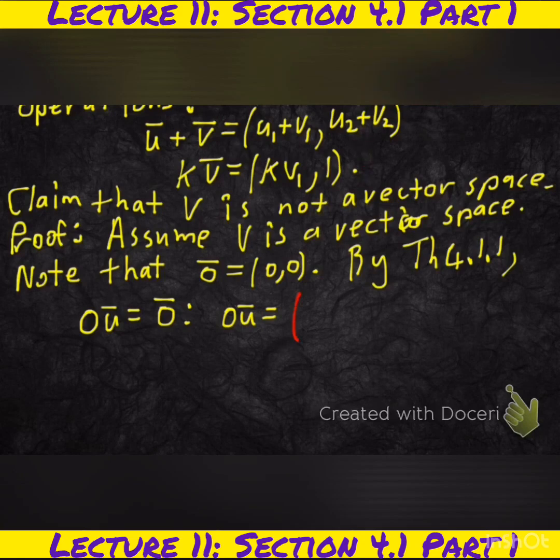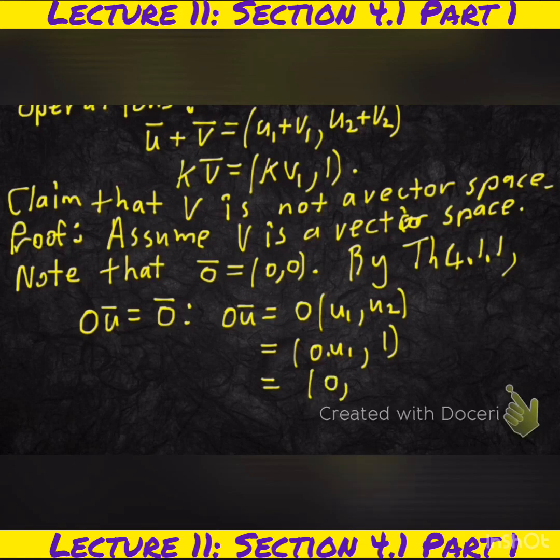So that's going to be 0 times (u1, u2), and according to my law, that is (0 times u1, 1), and that is the vector (0, 1).